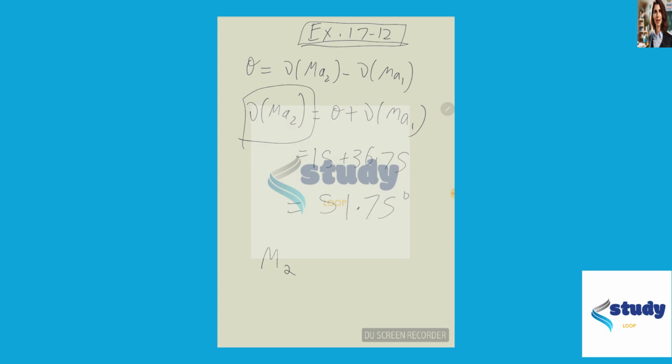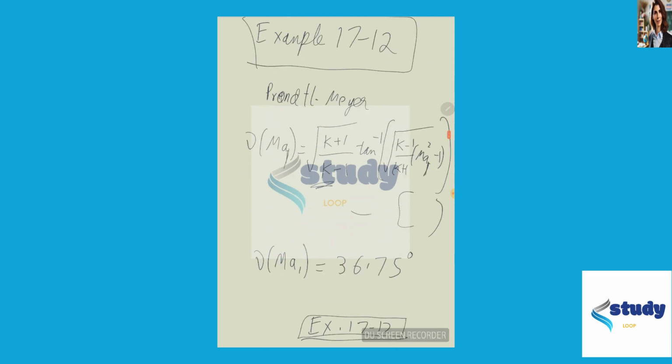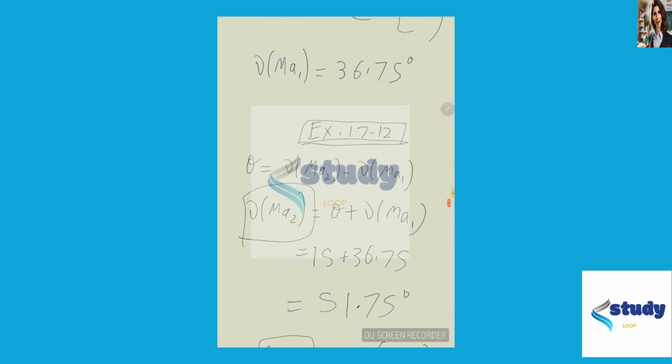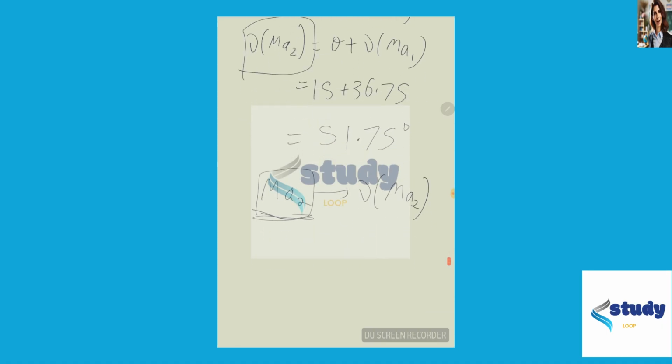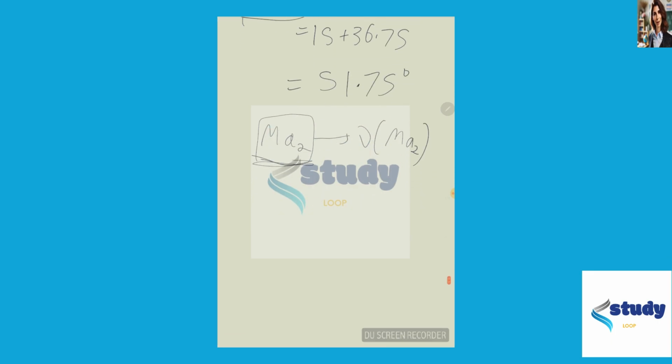First we need to find the Mach 2 from nu of Mach 2. This is an implicit equation.